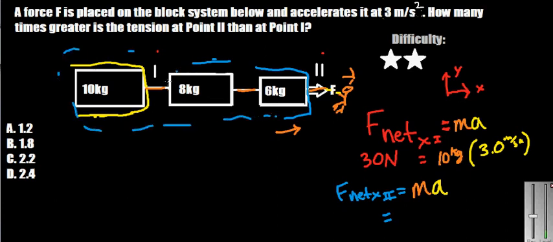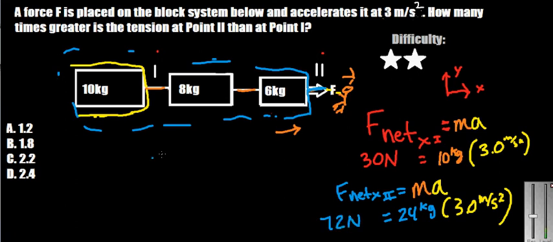So this is our whole system, because this tension is going to be affected by all of the counterparts here. So our mass, if we add all this up, becomes 24 kilograms. Our acceleration was constant, 3 meters per second squared for both systems. And this comes to 72 newtons.